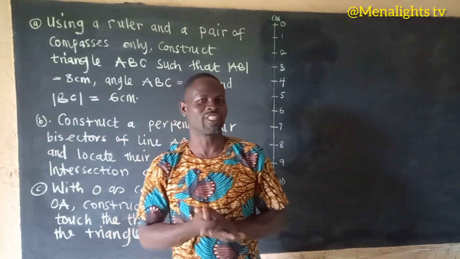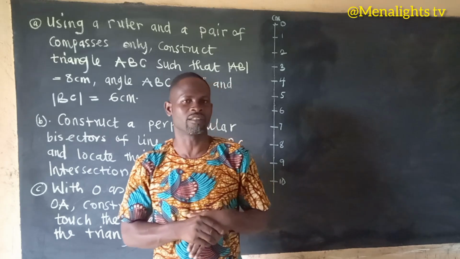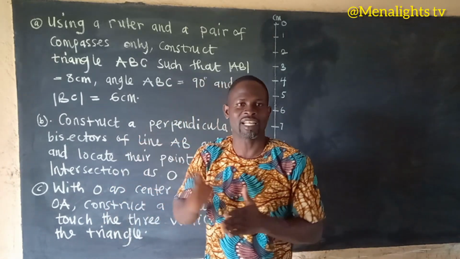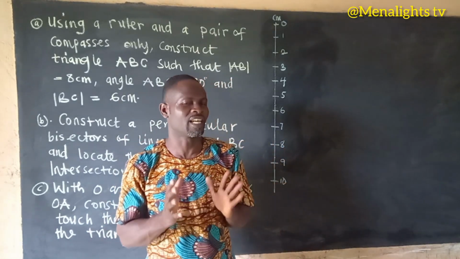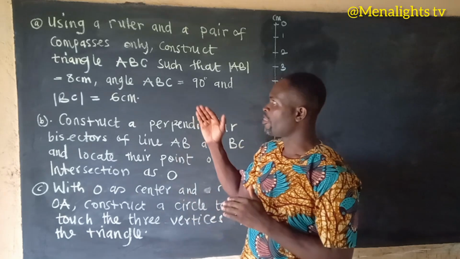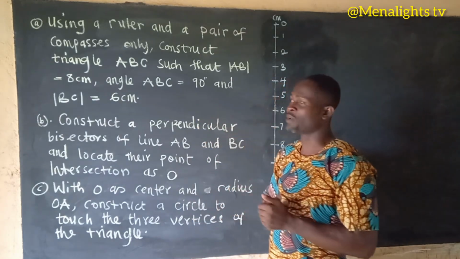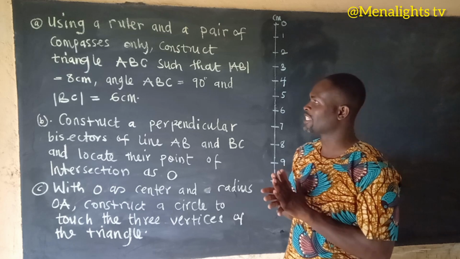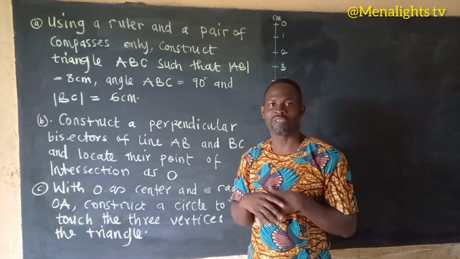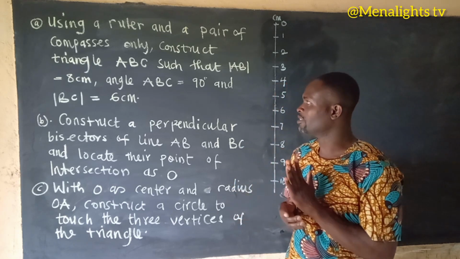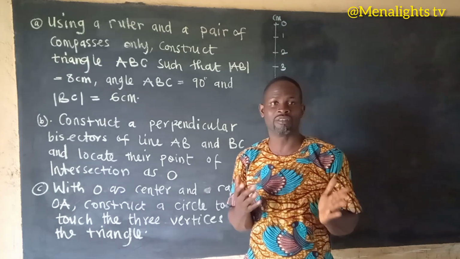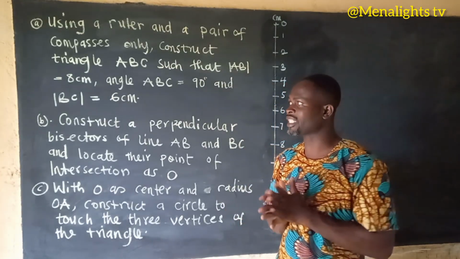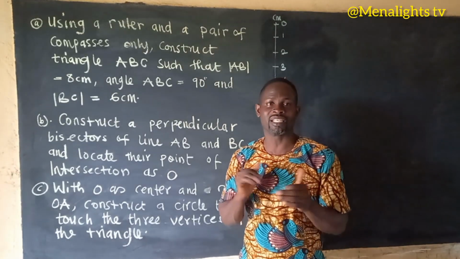It's a bit of a word problem on construction. So this morning I have a question for us that I want us to solve together and see how best we can go about it. The question says, using a ruler and a pair of compasses only, construct triangle ABC such that the line AB is equal to 8 centimeters, angle ABC is 90 degrees, and then the line BC is equal to 6 centimeters.